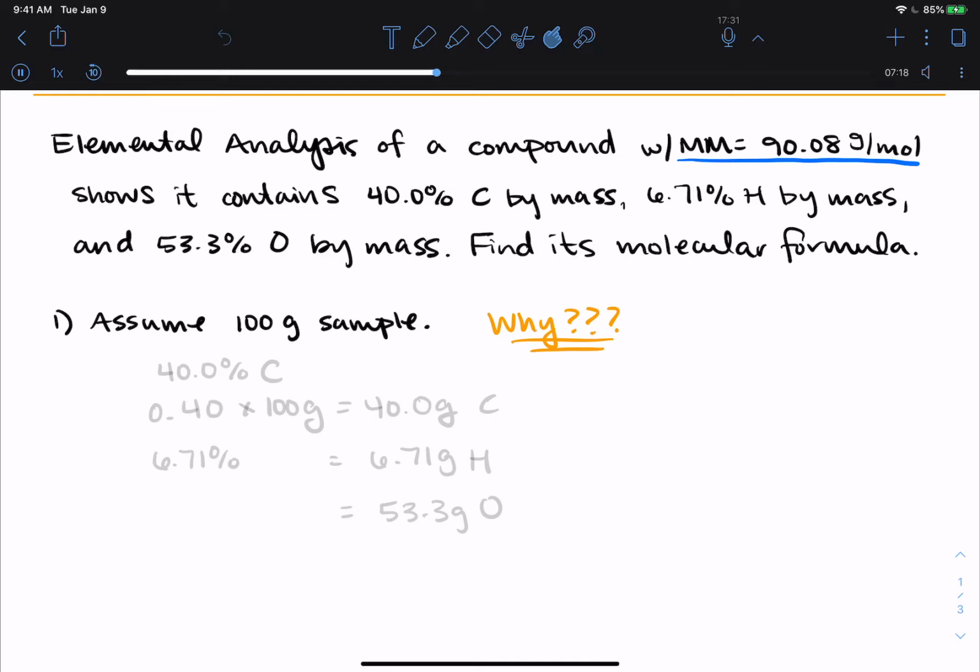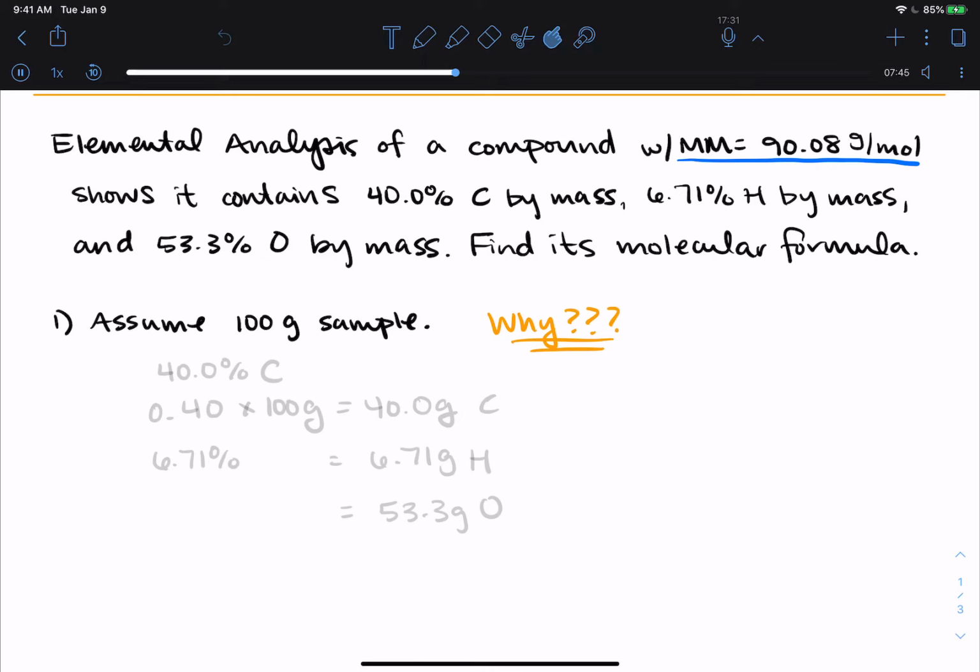So it works for any sample size. And if you don't believe me, after we go through this and you know all of the steps, come back and pick a different sample size, literally any sample size you want, and you will get the same answer at the end. The reason that we assume 100 grams is because it makes the math really easy.